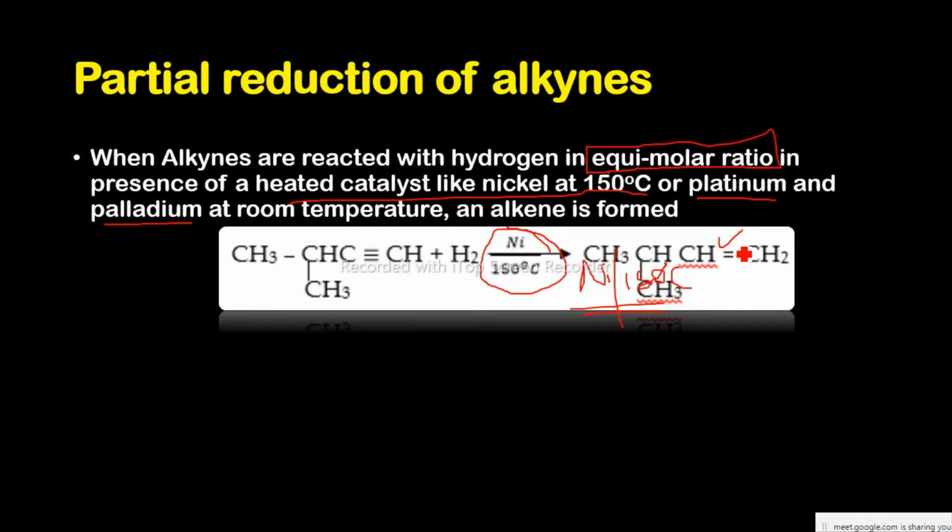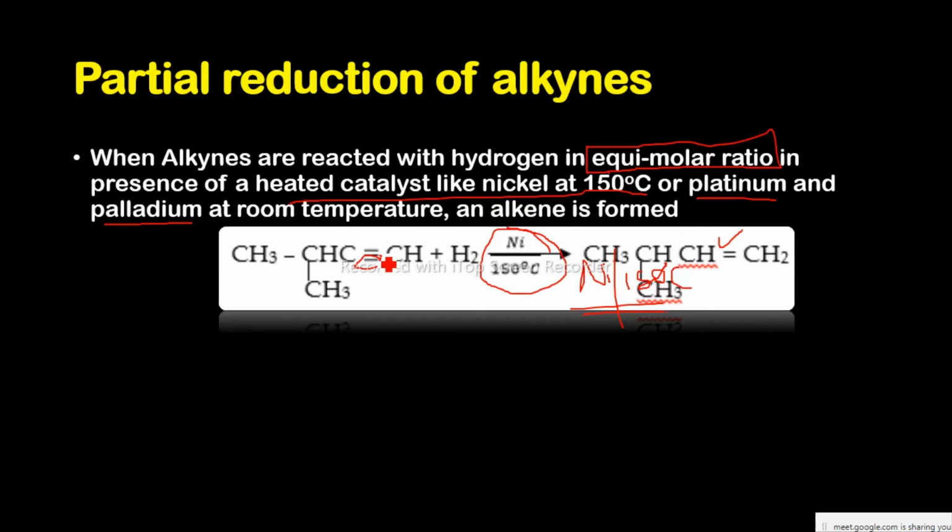However, in synthesis, please don't write this, because it is hard to control the concentration of hydrogen, and also hard to control that once one molecule is reduced, it should first go aside and let another molecule come. It is the same reaction vessel. So this reaction is not efficient as far as synthesis is concerned.